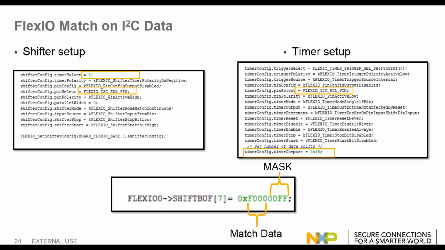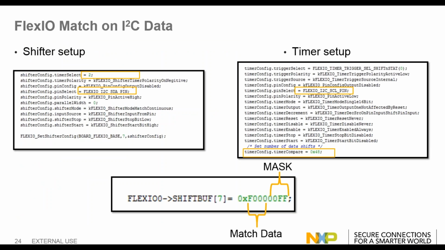So besides the I2C interface, we wanted to demonstrate some other capabilities of the FlexIO. If you recall, the FlexIO can be used to shift in and shift out data, but there's also logic and match and state machine capabilities.